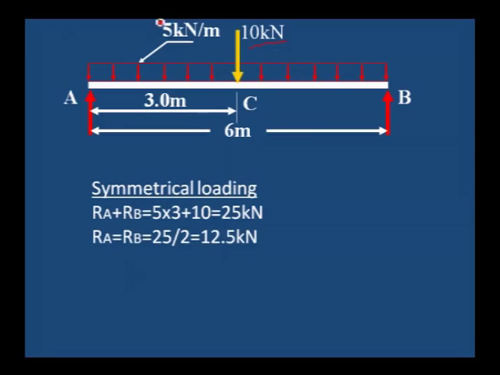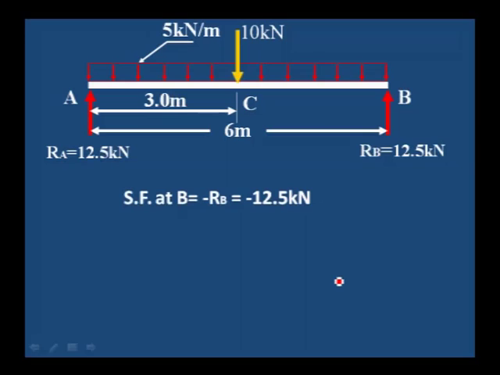We can consider the total load. Then half of the load is 12.5 kilonewton. 12.5 kilonewton is the reaction at the supports.